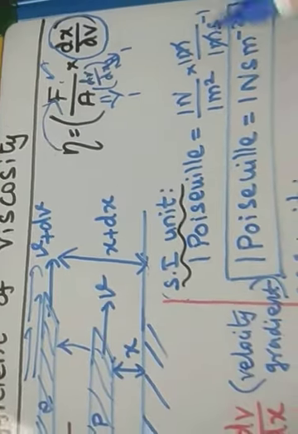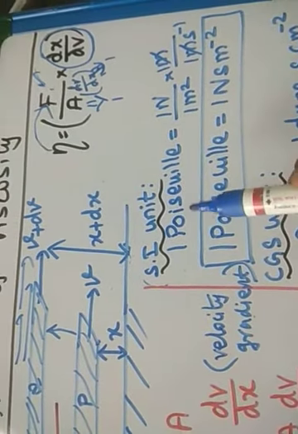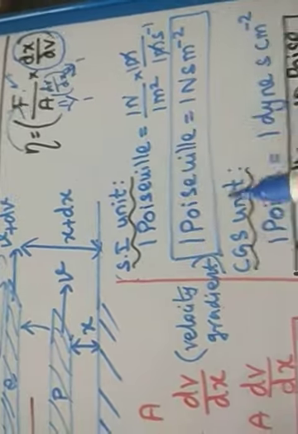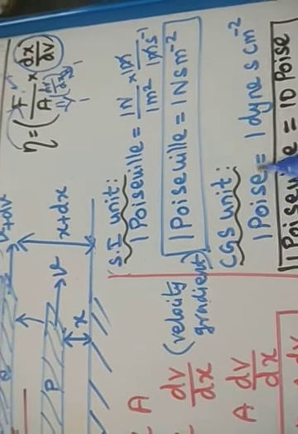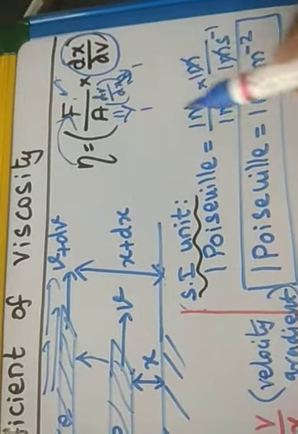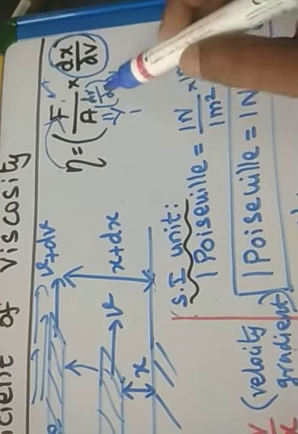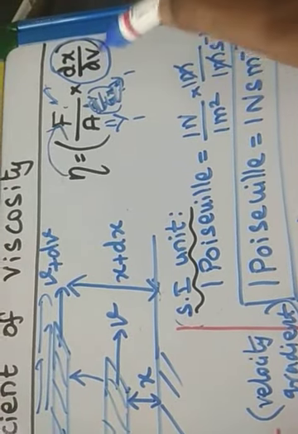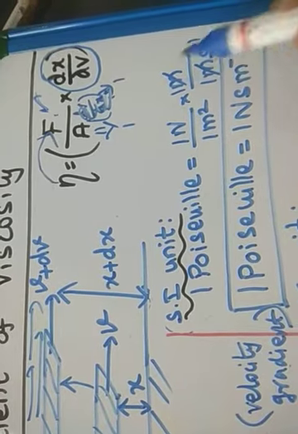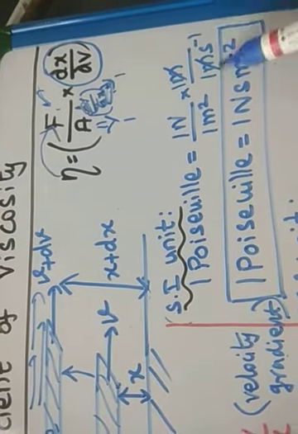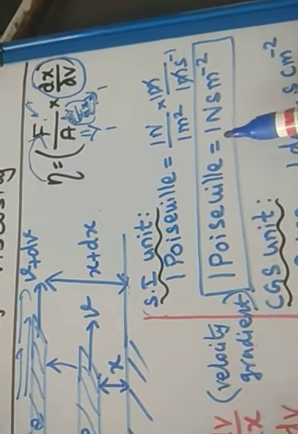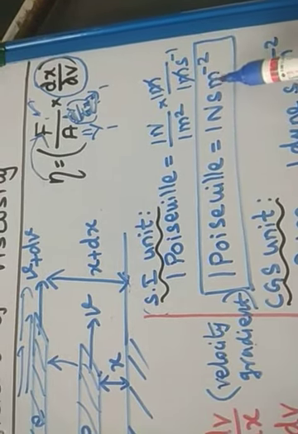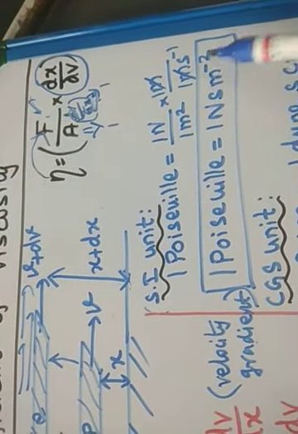What is the SI unit of the coefficient of viscosity? 1 Poiseuille. What is the CGS unit? 1 poise. For 1 Poiseuille, force is in Newton, area is in meter squared, and dx by dv is meter divided by meter per second. If you cancel these, we get 1 Newton second per meter squared, that is Newton second meter power minus 2.